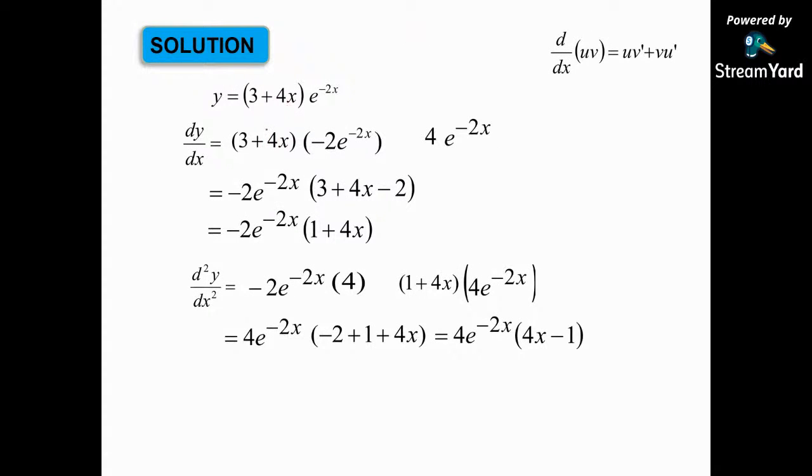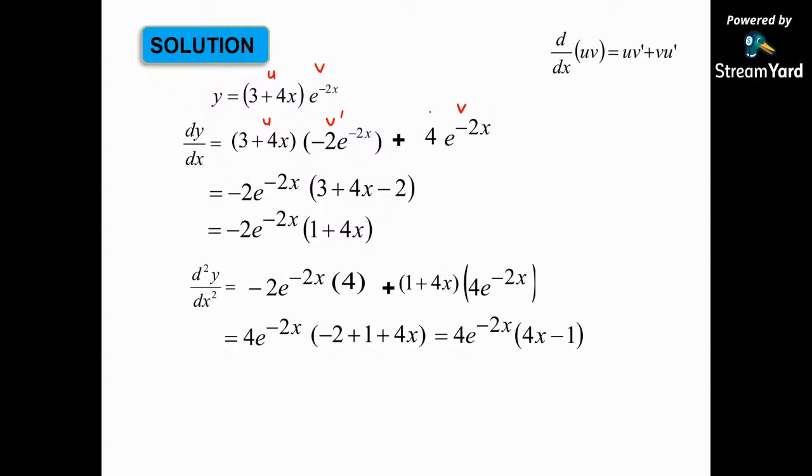Okay, so u is equal to 3 plus 4x, and then v prime is negative 2e to the power of negative 2x, so this is u v prime plus v u prime.